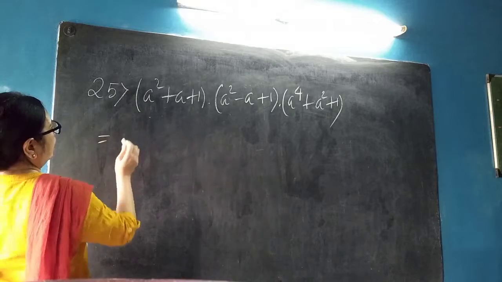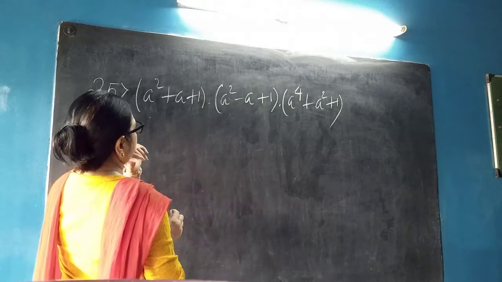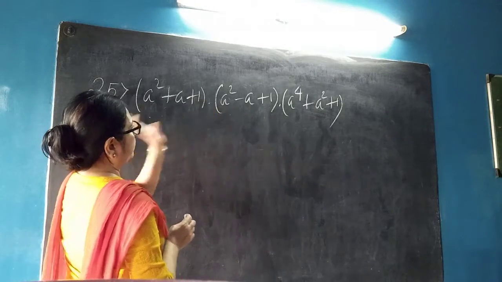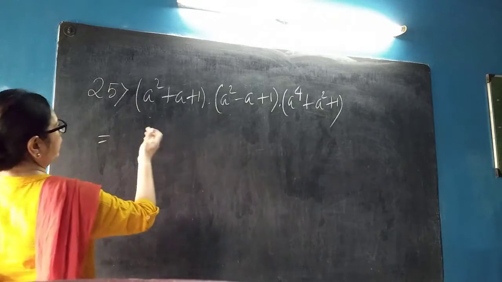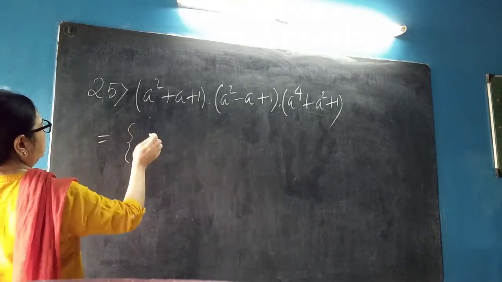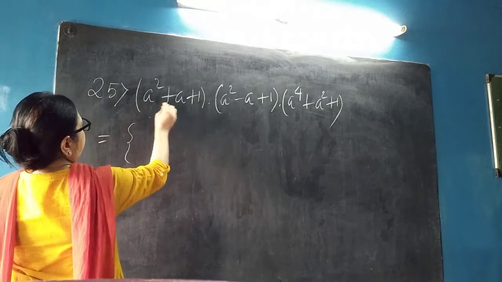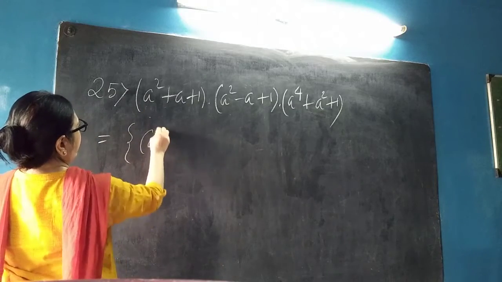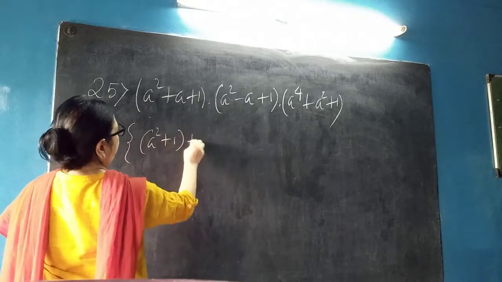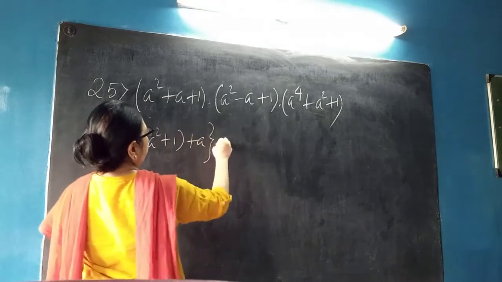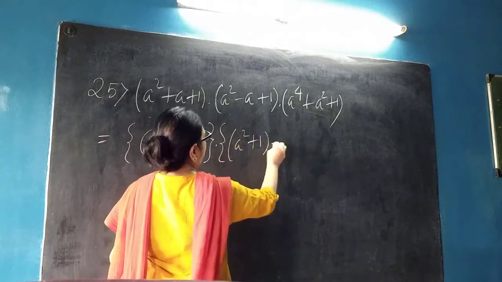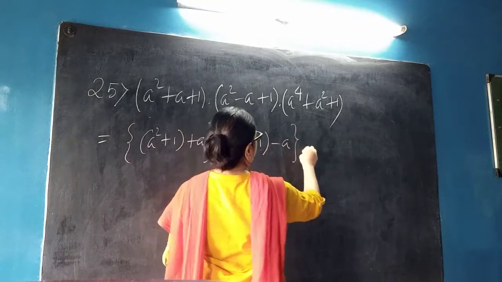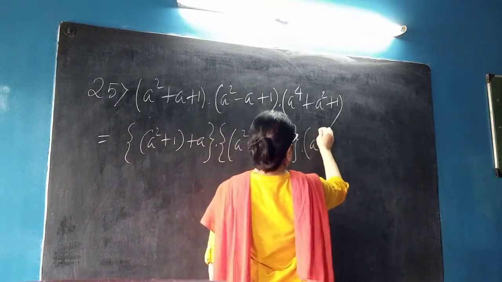So first, here you see, interesting, simply multiplication you can do, but I am teaching you how you can do it with the help of a formula. See, this is a square plus a, I am making one group, plus a into a square plus a minus a. Now you have to learn, you are in class 8.